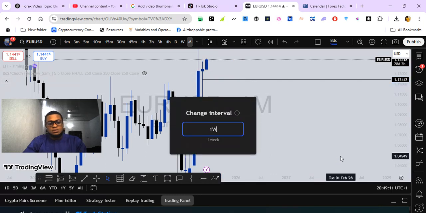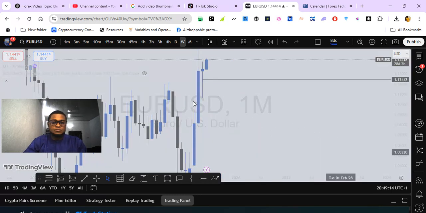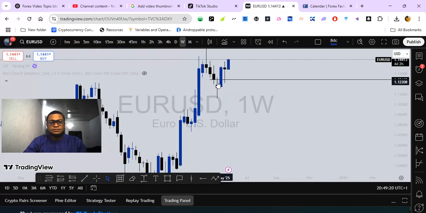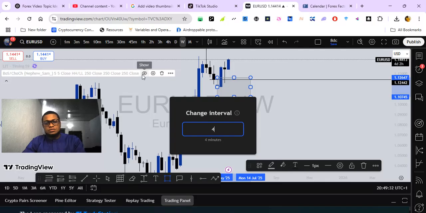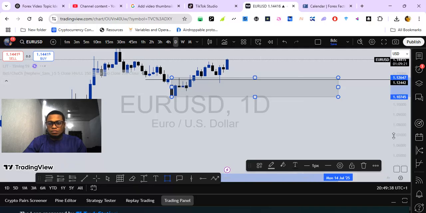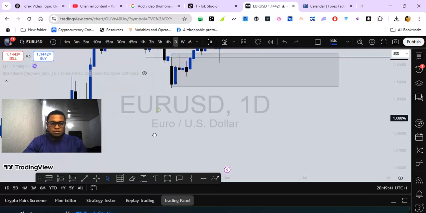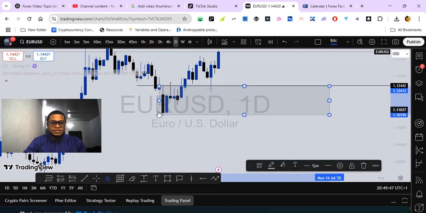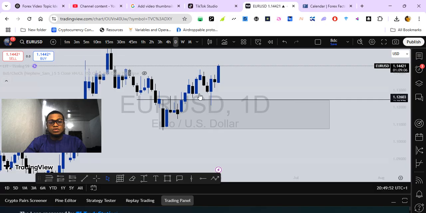and I go to my 1 week. So you see, this will be my POI, just like what we have on Euro USD, GBP USD. So I rush down to 1 day. On this 1 day, I'll be concerned with this in particular, because this is more of like a liquidity grab to the downside, clearing of this low, and then we also had price come up.